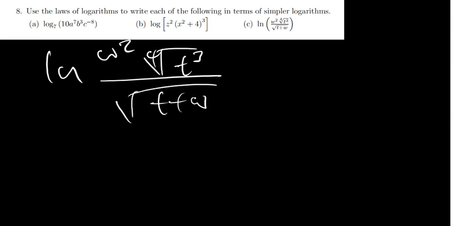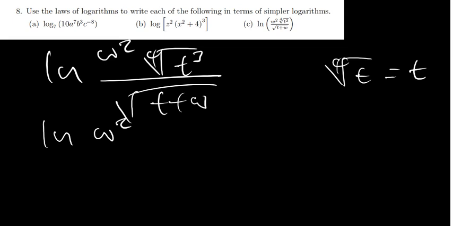Now let's see what we're going to have. Remember the one having division, but I can first simplify this. This is the same as ln w to the power 2. This one, if I have got the fourth root of t, is the same as t to the power 1 over 4.